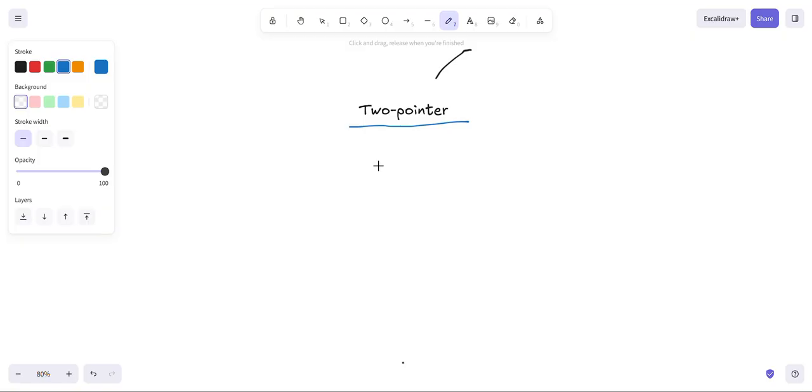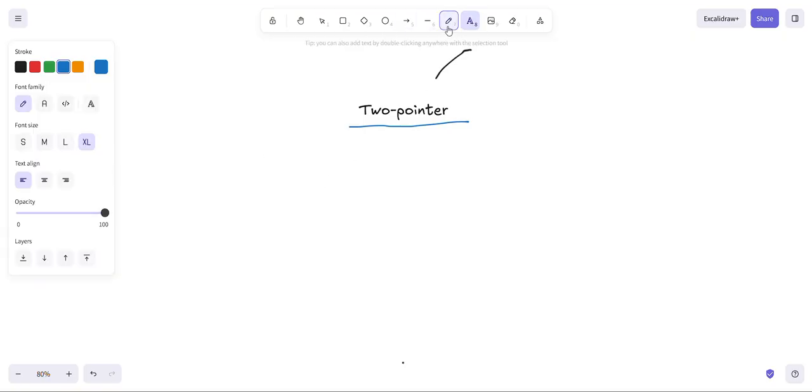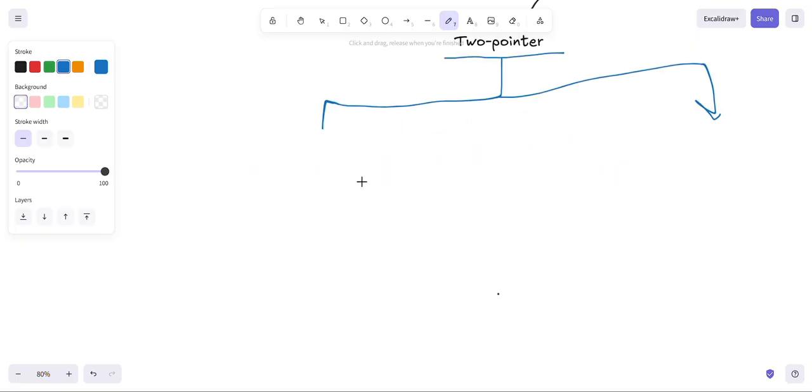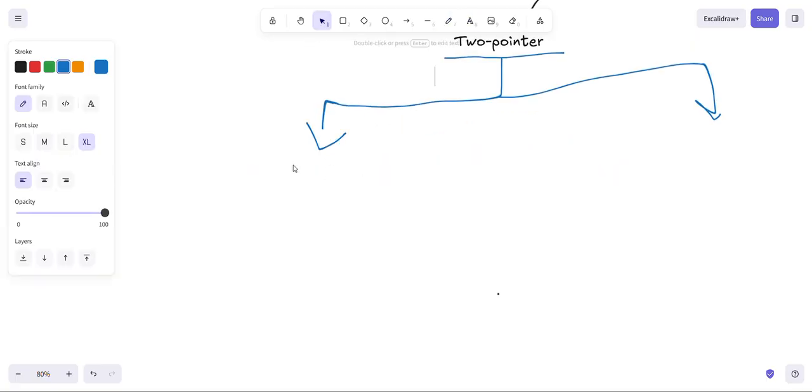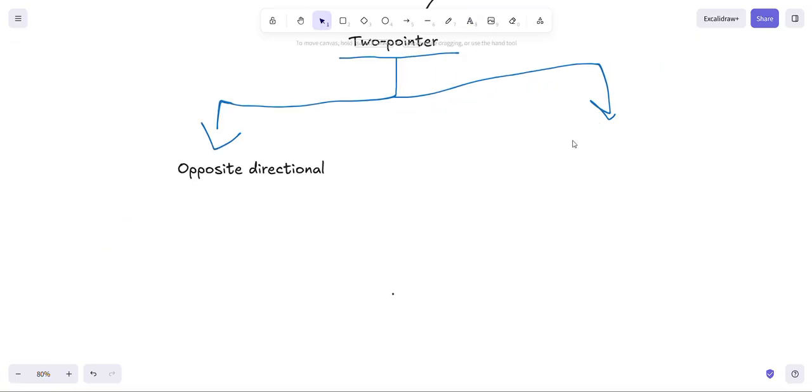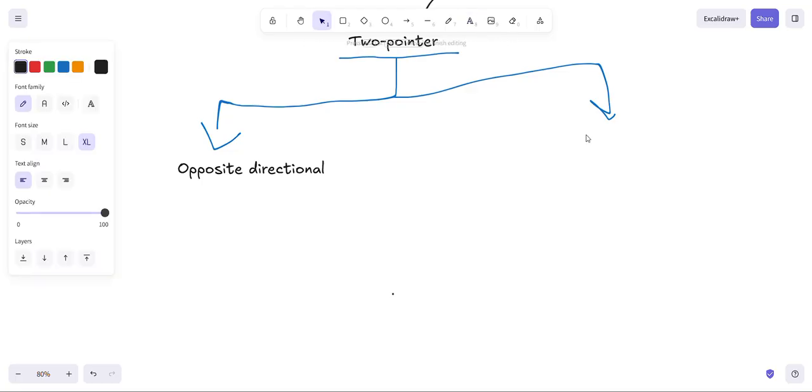Now there are two types of two pointers. The first one is opposite directional, and the second one is equidirectional.